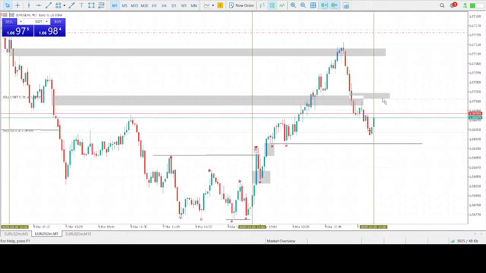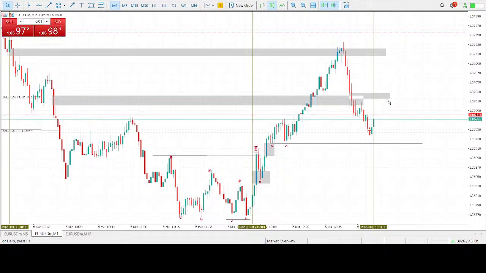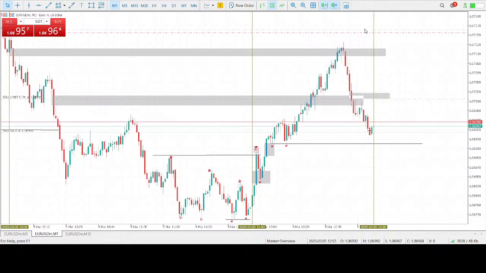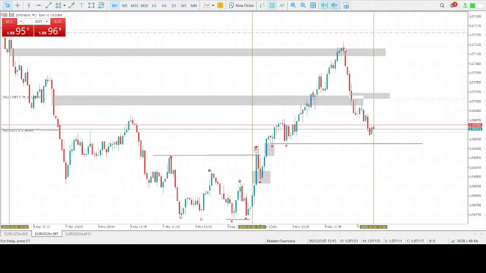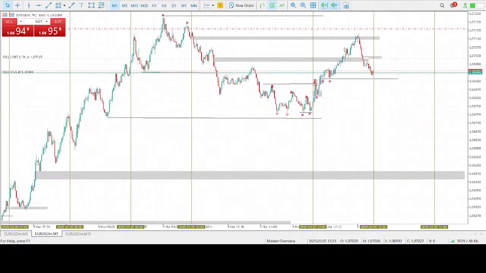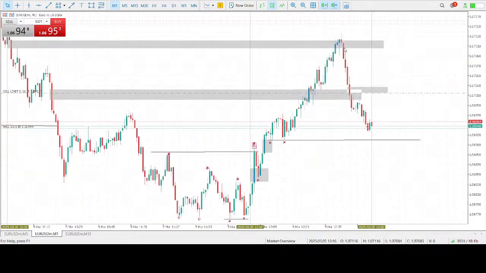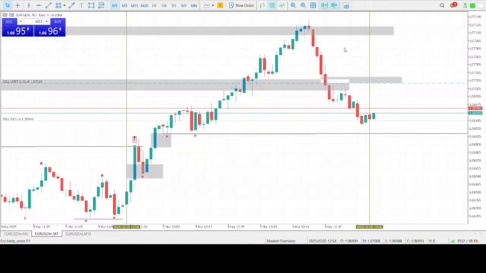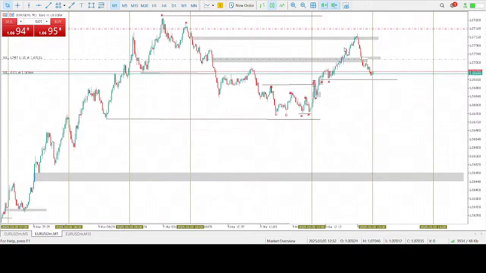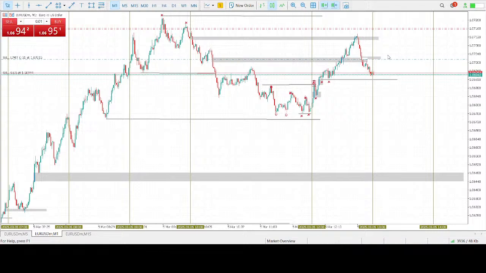But the best case scenario is if we have price returning here, then we have a sell-off. The other scenario is that it might want to first take this out before it rallies lower.